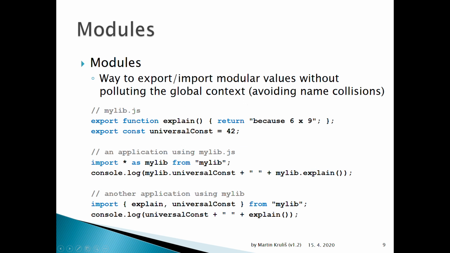Besides classes, which are very important in decomposing your code, ECMAScript 6 also defines modules. Actually, modules are very important in basically any language, so you need to have a way to define libraries, how to differentiate your code, how to divide your code into multiple files.